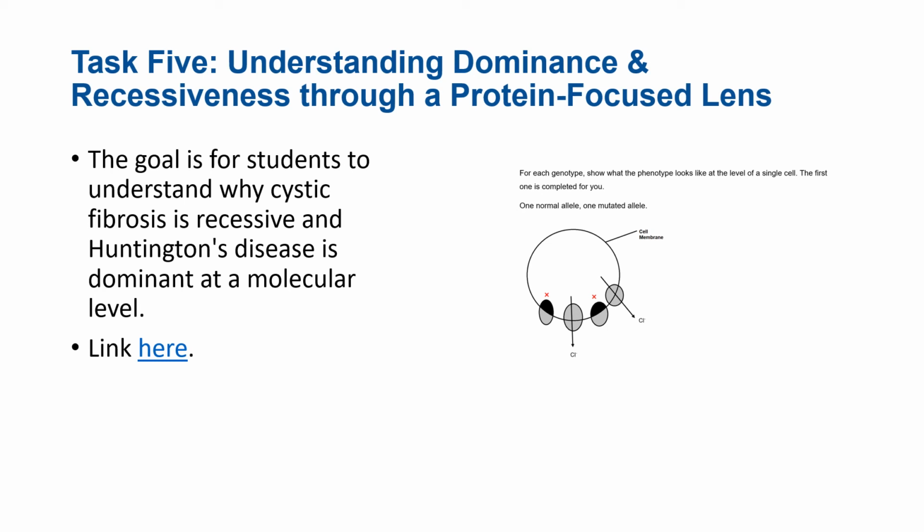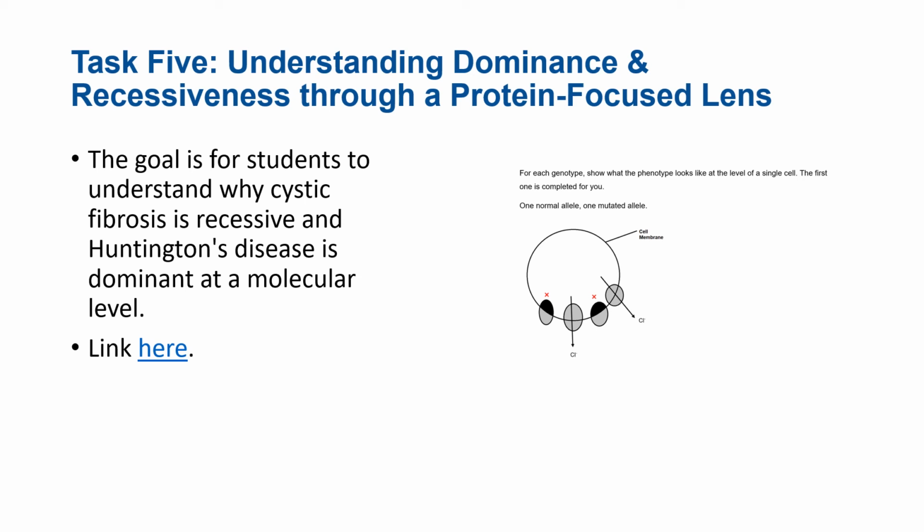And so they can see that even though there is a mutated allele in there, because there is a normal allele, the chloride ion pump still gets built. We then get them to draw what it would look like if there were 2 mutated alleles and 2 normal alleles as well. The nice thing about this is that we then compare it to Huntington's disease.